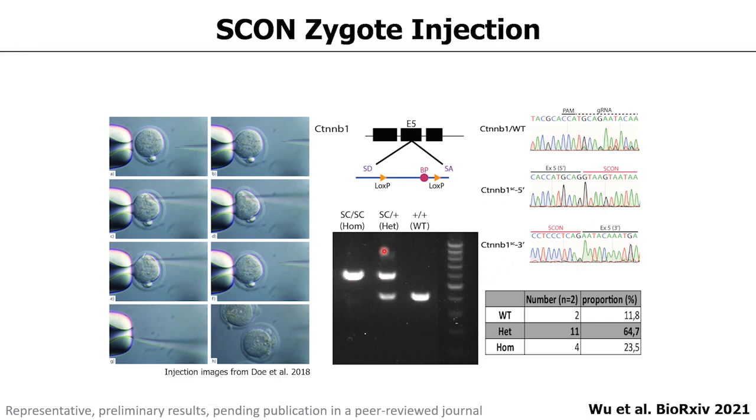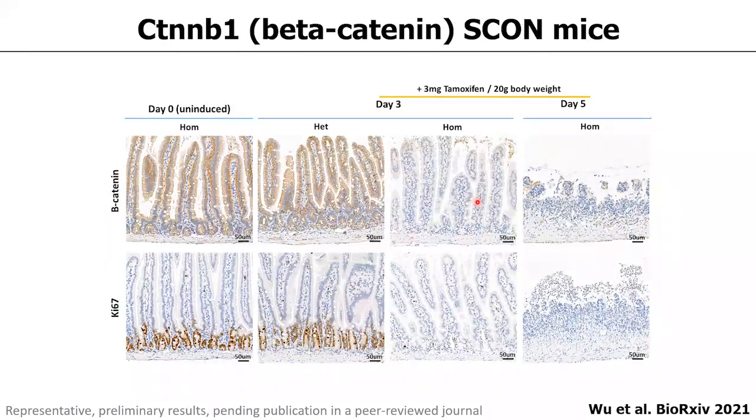We found that the modified allele could exist as a homozygote. Since we know that beta-catenin is a lethal gene, having a healthy homozygote means we have achieved conditional knockout very nicely. So we moved on to functional validation. The expression level of beta-catenin is very comparable between homozygote and heterozygote.